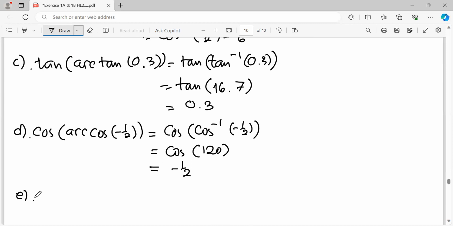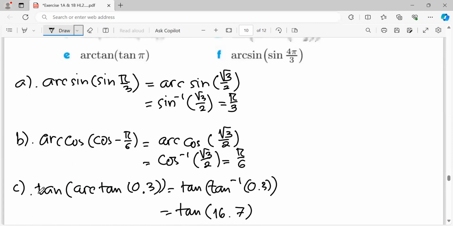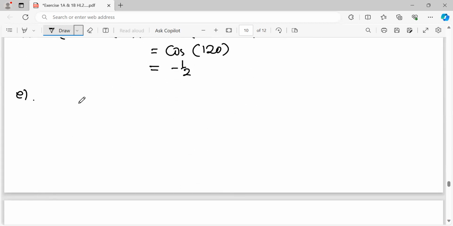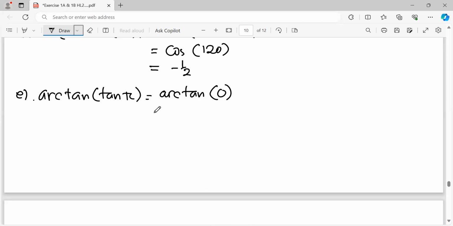Now E. Arc tangent of tangent pi. Okay, tangent pi equals 0. So it becomes tangent power -1 of 0, which is 0.